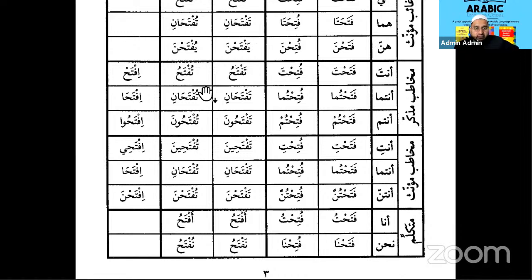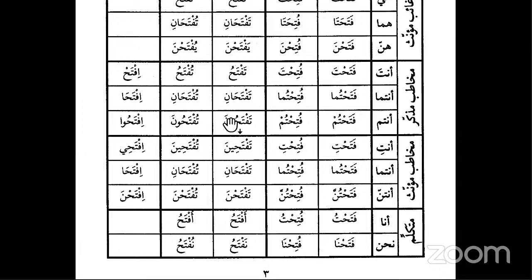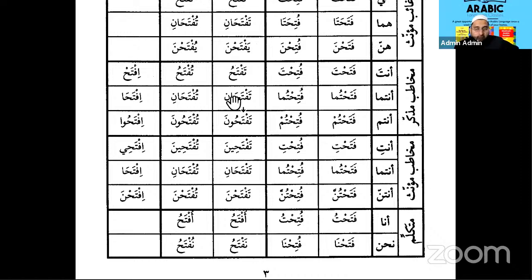So taftahu becomes iftah. And in the dual, the dual of the female, the masculine, and the singular female, all of these noons in taftahani, taftahuna, taftahina, and taftahani are removed.